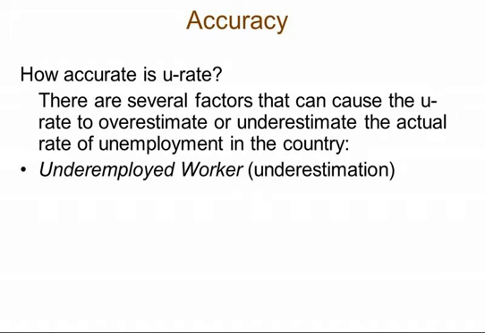This is a person who wants to work full time, but the best that they can do is part time. Now, as part of the unemployment rate, it just shows that they have a job. And so this could lead people to believe that the economy is doing better than it really is. If everybody wants full-time work and the only thing they can get is part-time work, well, that's not exactly a strong economy.